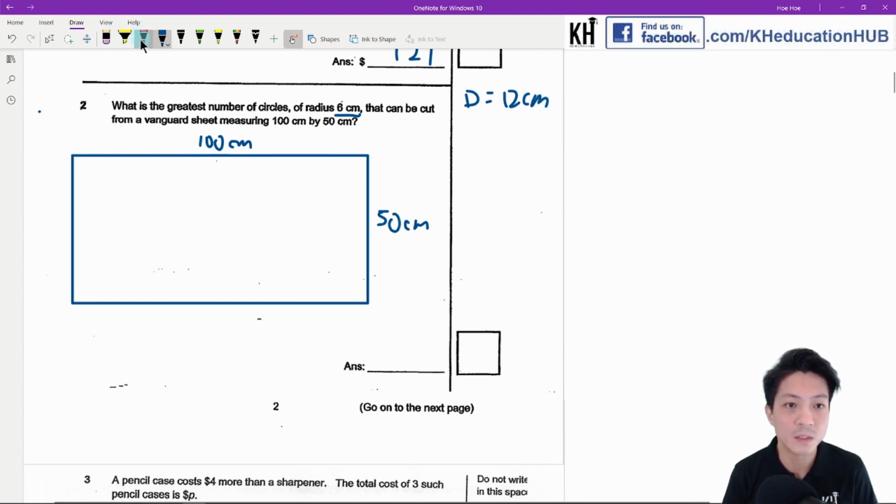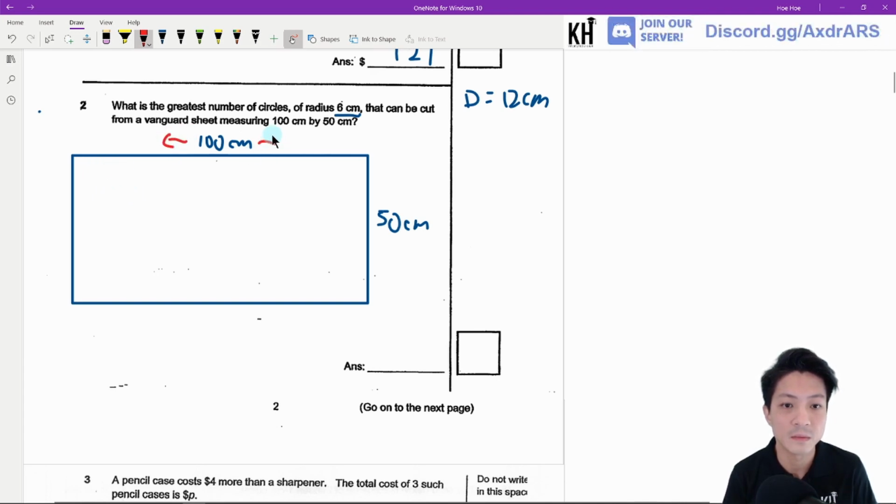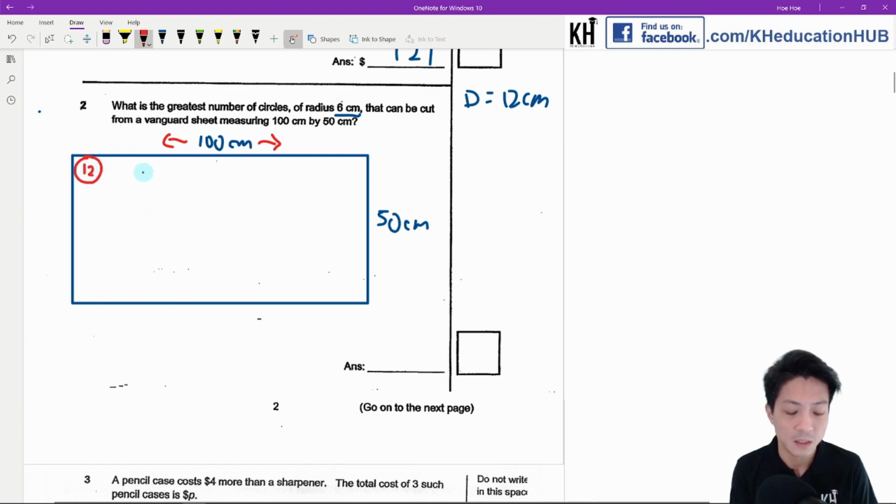So we're gonna try to find out how many circles we can fit across the length. I'm just gonna draw a small circle here and write 12 inside to represent the diameter.